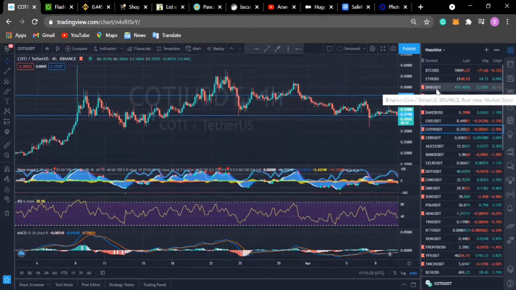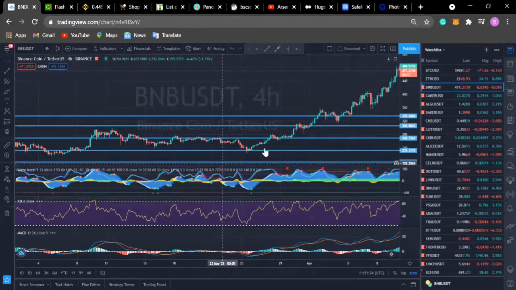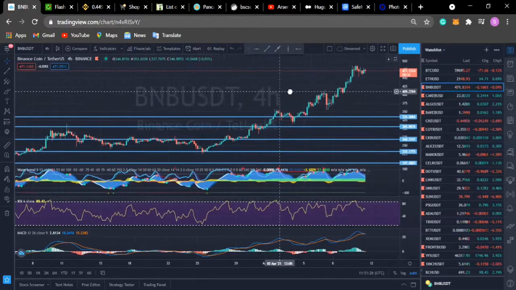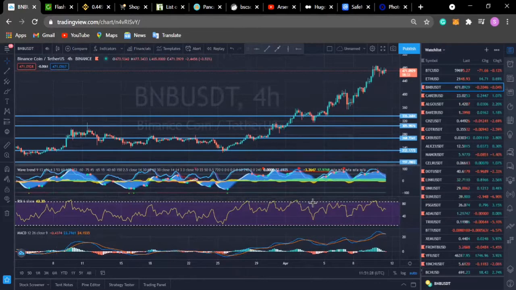Let me show you something else on BNB. Okay, look at it. Starting from here, there was a little bit of sell. Then it started buying, sold again here, and the wave trend started buying, then sold, came up just like that, indicating when to enter into the market.